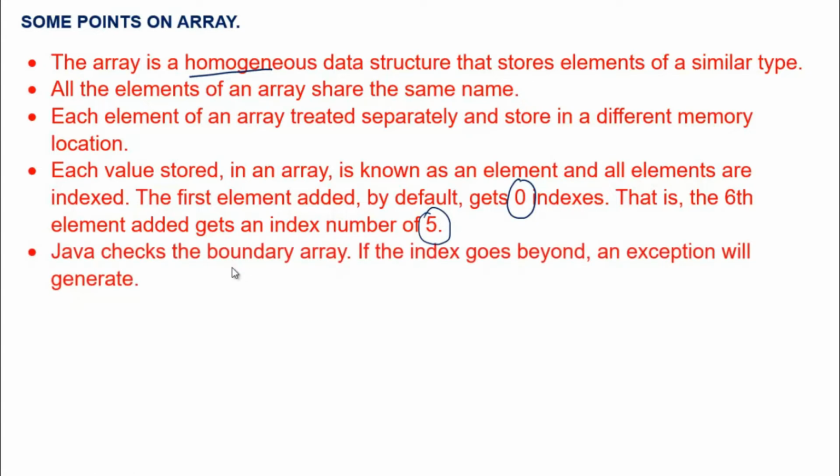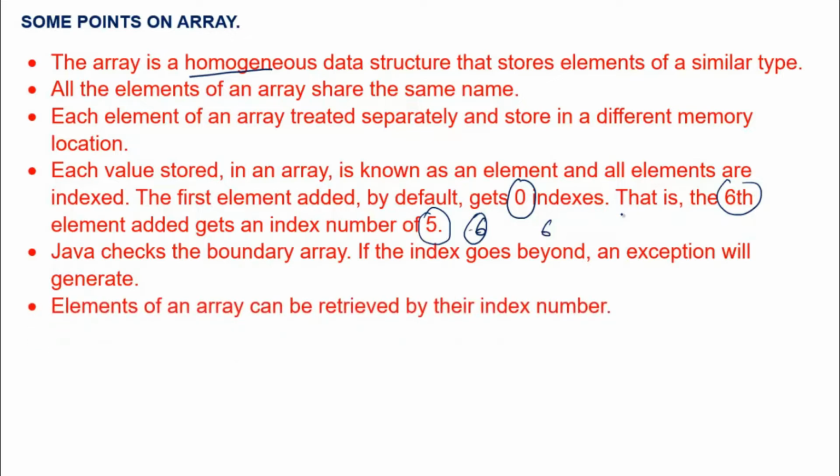Java checks the array boundary, and if the index goes beyond it, an exception will be generated. Say you define an array of 6 elements; if you try to store in a seventh position, it will throw an error in Java, but that is not the case in C or C++.